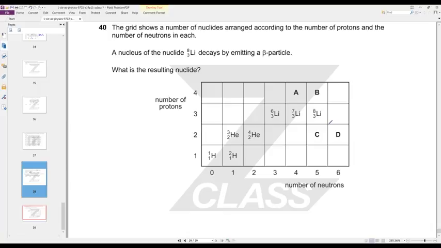We are going to get D. No, we're not. Wait, emits a beta particle. Yes. What am I saying? Oh dear. I've been talking for far too long at this point. Beta particle turns a neutron into a proton. So we go up 1 proton, down 1 neutron, we get A.